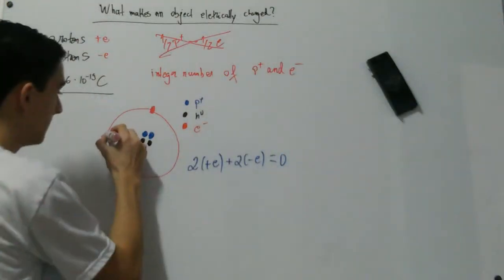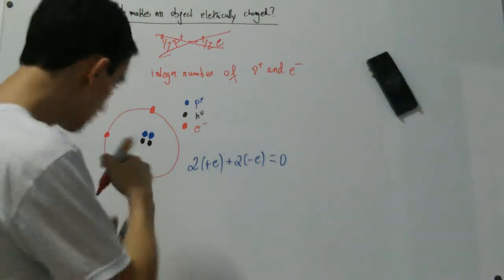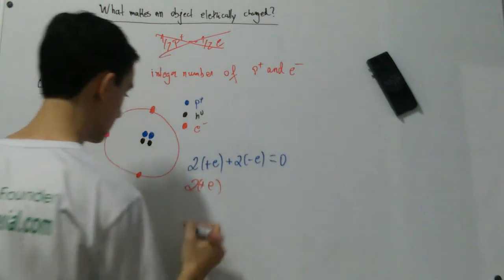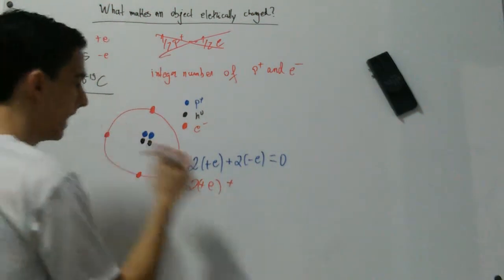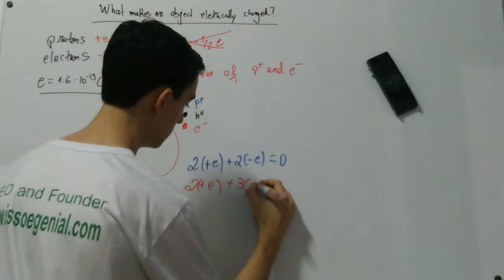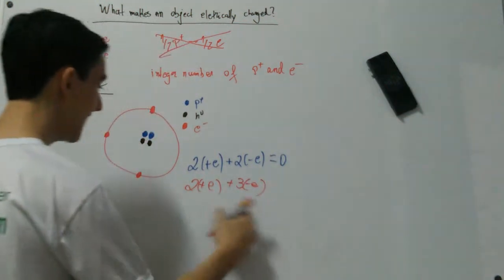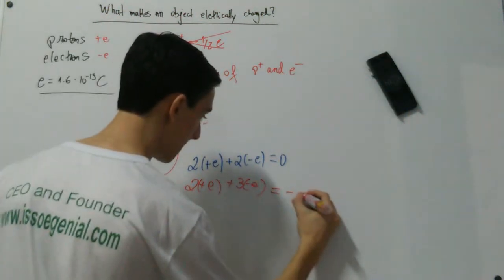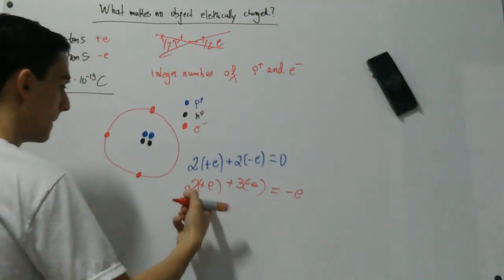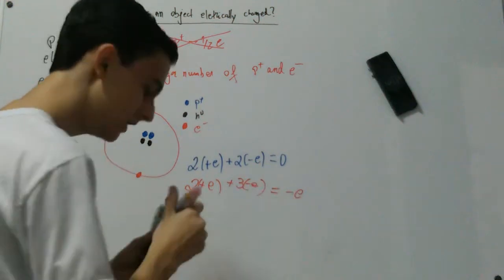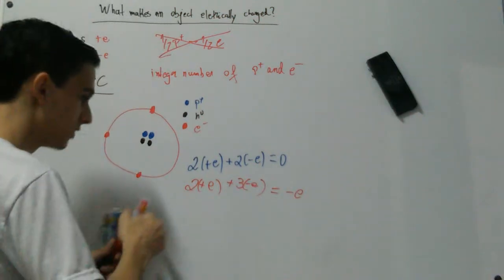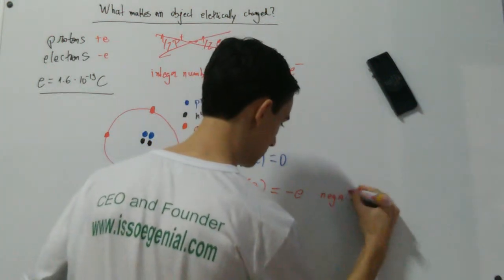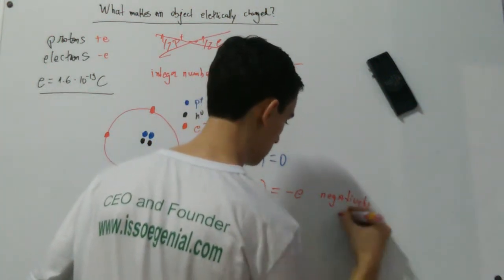But imagine that this atom acquires a new electron. Let's say we have a third electron here. So now we have 2 protons, but now we have 3 electrons. So now the total amount of charge here is minus E. So 2E minus 3E is negative E. And now we can see that this object is negatively charged.